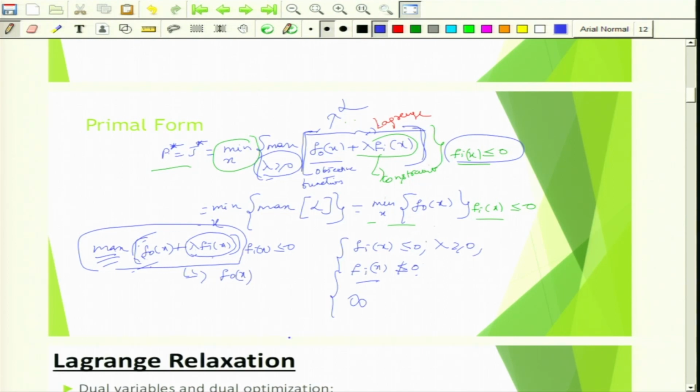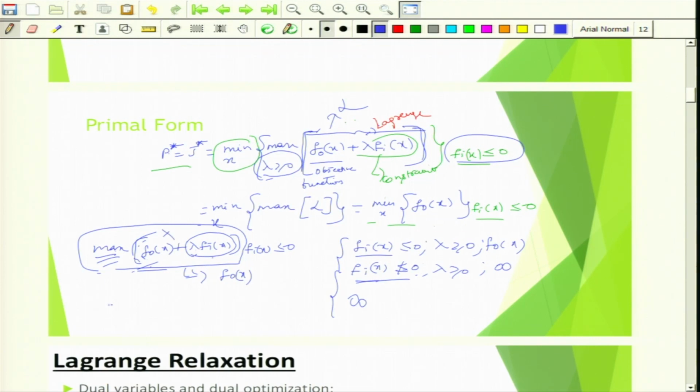So ultimately you are finding the maximum. So when this constraint is not valid and lambda is greater than or equal to 0, the function will take a value of infinity. If the constraint is true, then the function would take the value f naught of x. Now this is the whole essence of the maximum of the Lagrangian function.